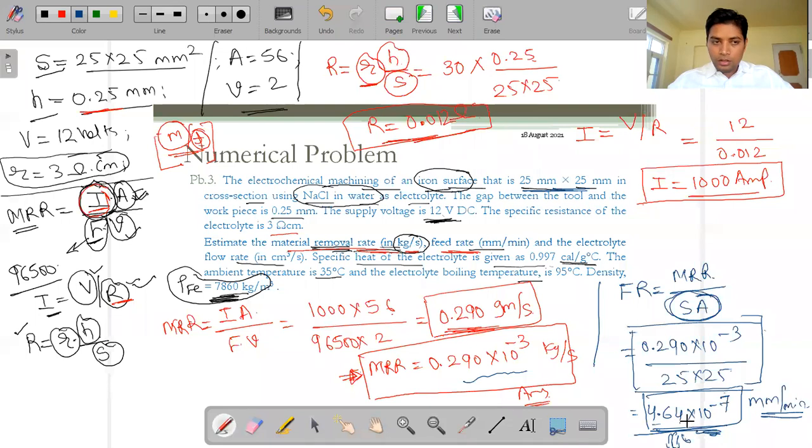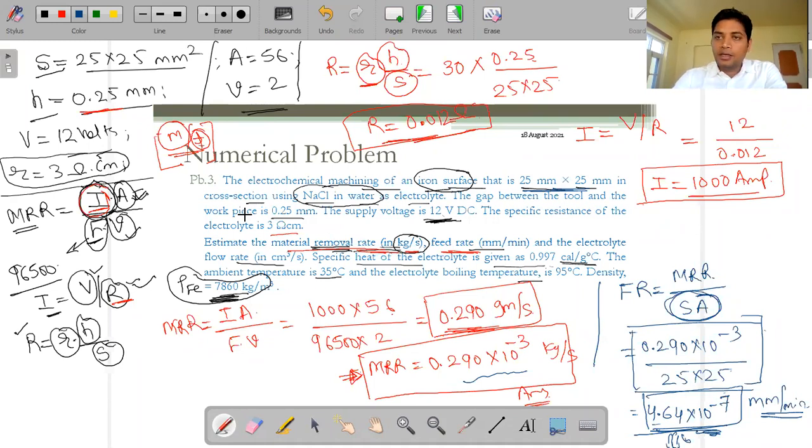Okay. Anybody else, guys? Adil Rashid, can you tell me the value that you are getting? Is it the same value? Sir, I am solving it, give me 1 minute. Okay, take your time.